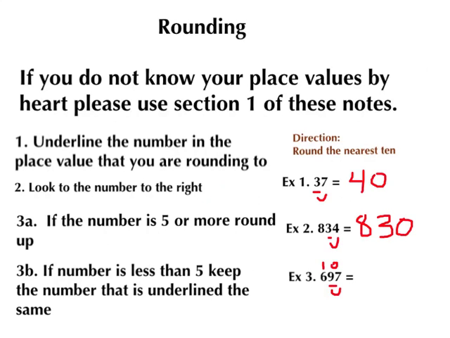So if I were to write it like that, what does that 6 have to change to now? Well, the 6 plus 1 gives me 7. So 697 rounds up to 700. Now mind you, I didn't round to the nearest hundred, but because the 9 is in the tens place, the 9 forces the 6 to turn to a 7. You added a whole set of tens to that, makes it 700.